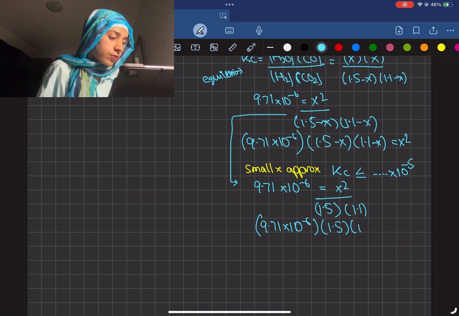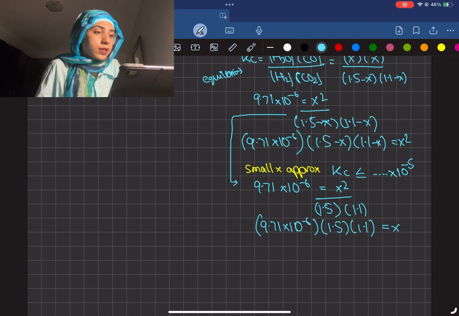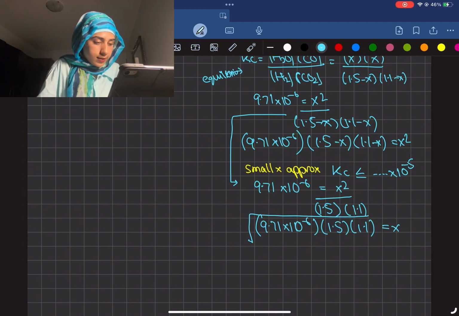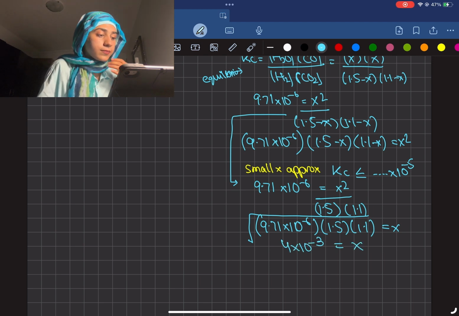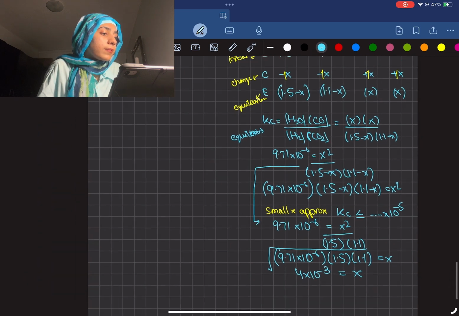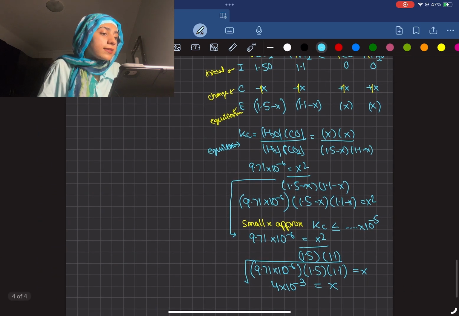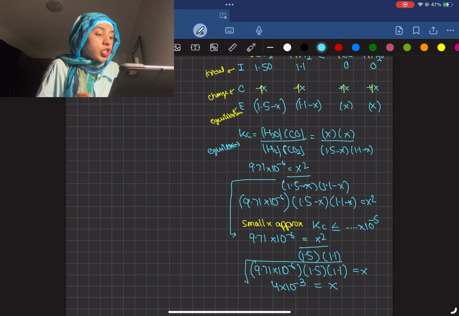9.71 times 10 to the power negative 6 times 1.5 times 1.1 equals x squared. Well, I can just take the square root and I think I'll get about 4 times 10 raised to the power negative 3 as x. So if I look at my table here, my x is my change.